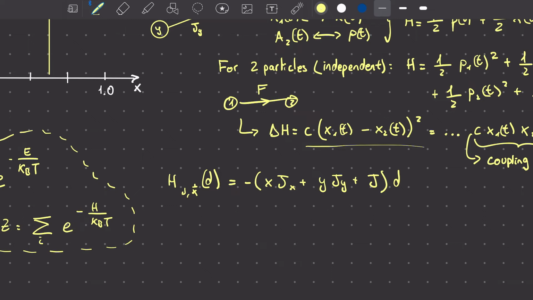Now we would like to build a model, right? Let's create a model that we want to optimize and that ultimately reproduces the true distribution. So let's call this model big Q, and it's going to be the joint probability of the vector x and d.